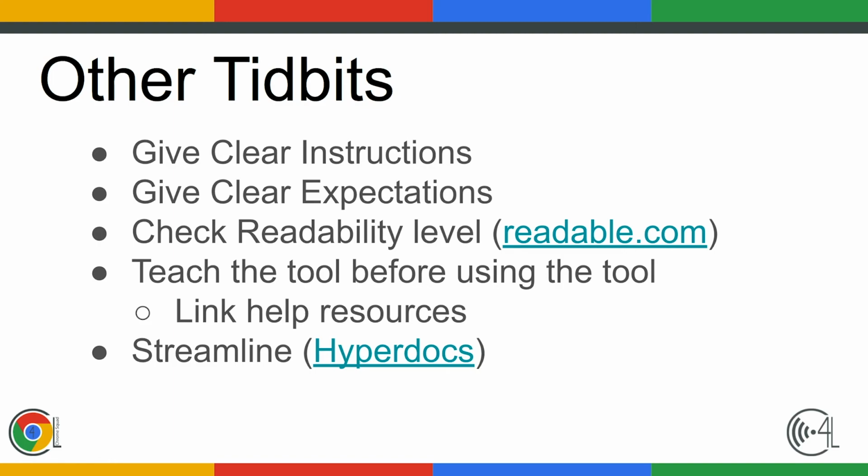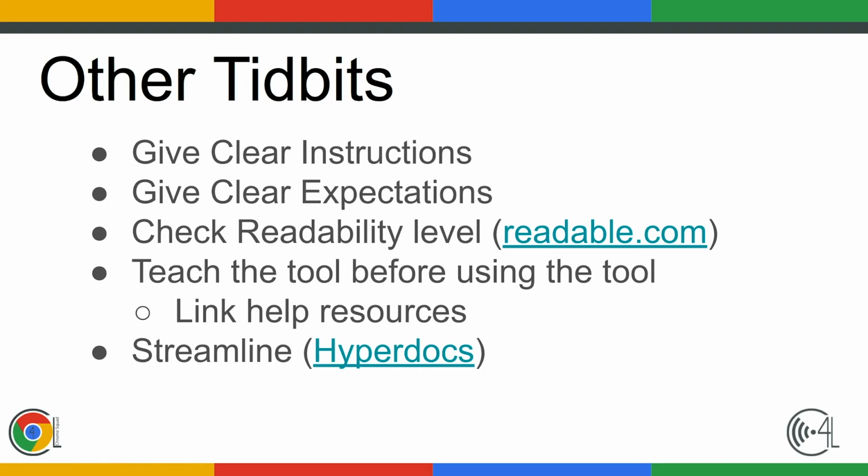That includes not using abbreviations or slang that you might use in your classroom, because the kid can't clarify that. They can't look that up. So make sure that's super clear. Same thing with expectations. If you want something done a certain way, you need to explain it to the kids beforehand or provide an exemplar so they know what it should look like.